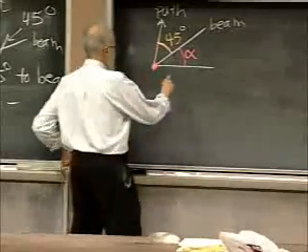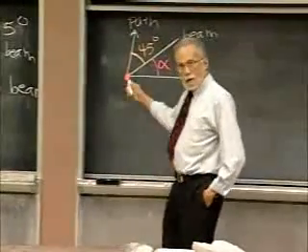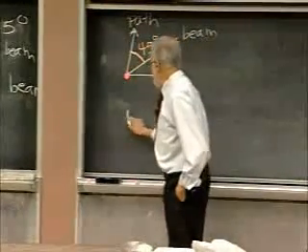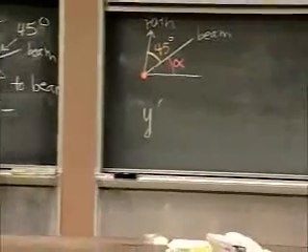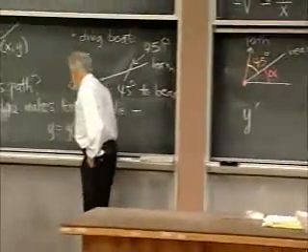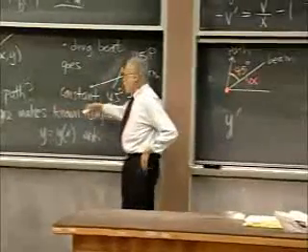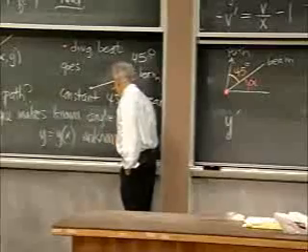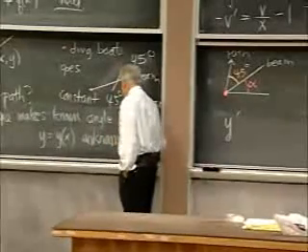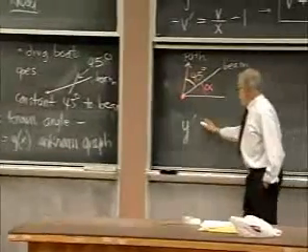And now what I want to know is what the slope of the whole path is. So let's call y equals y of x, the unknown function, whose graph is going to be the boat's path. Unknown graph. What's its slope?